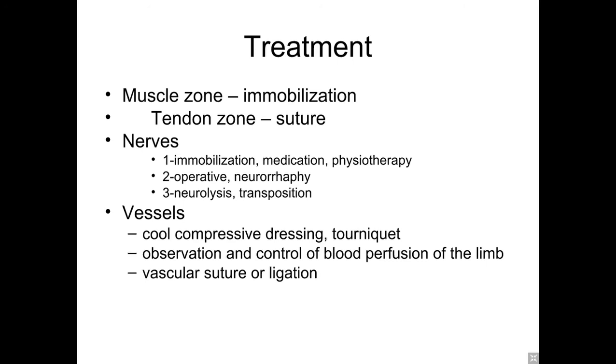First degree of trauma will be treated by immobilization, by giving medication like vitamins B, Nivolin, and physiotherapy. The period of immobilization will last for 1 or 2 weeks, not more. A position of flexion of the joints will decrease the length of the neural structures.